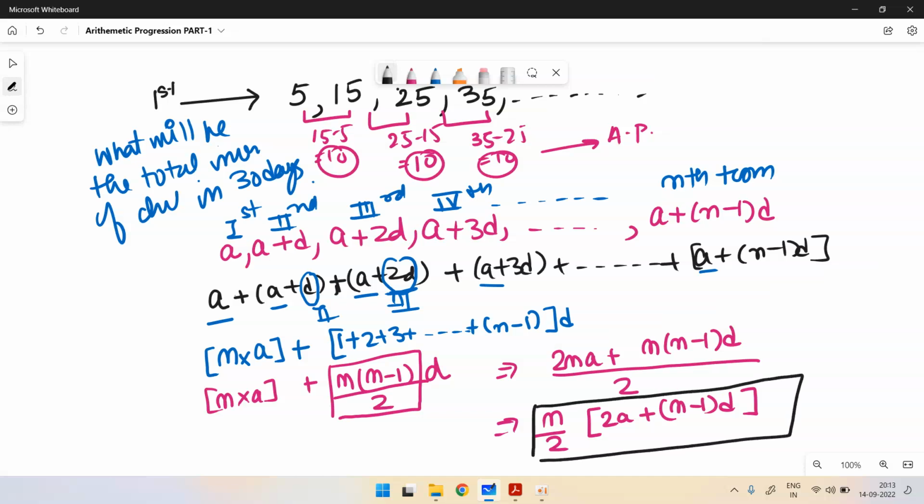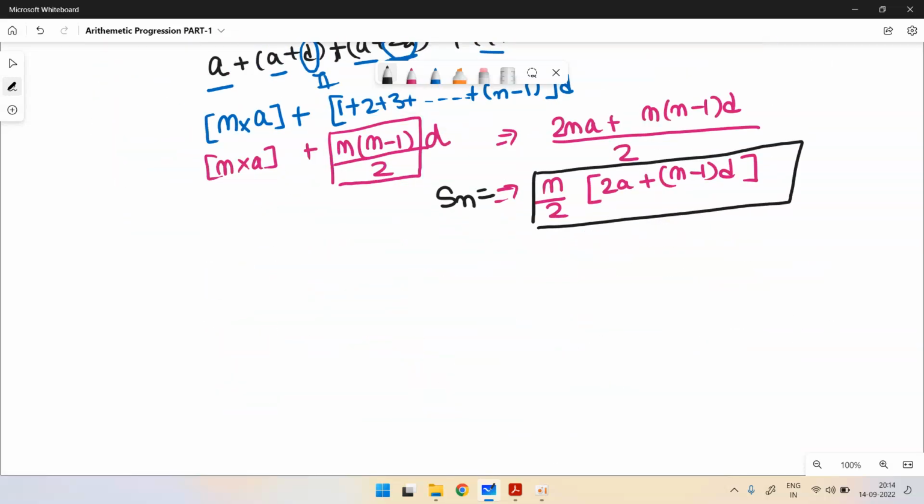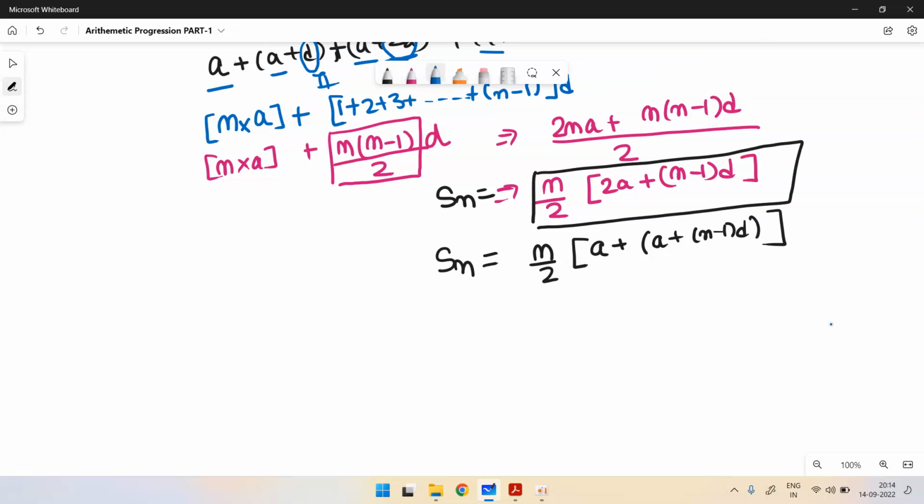That is, the sum of n terms of an AP is given by this formula. Now this can also be written as n by 2, you can write it as a plus (a plus (n minus 1)d). I'm just writing 2a as a and a. Now if you see this, this is nothing but my nth term, and this is my first term.